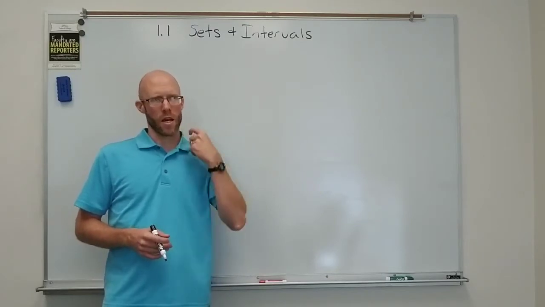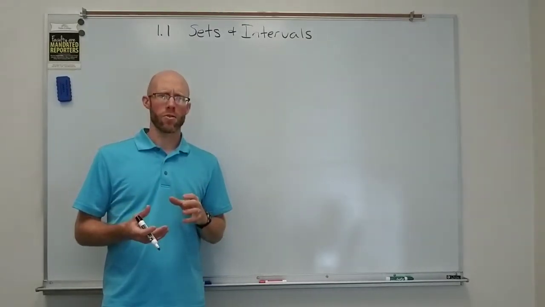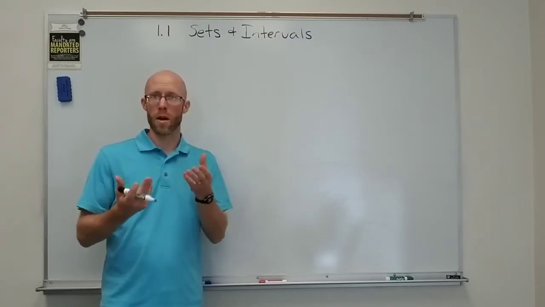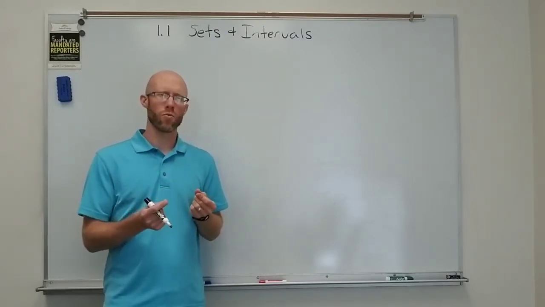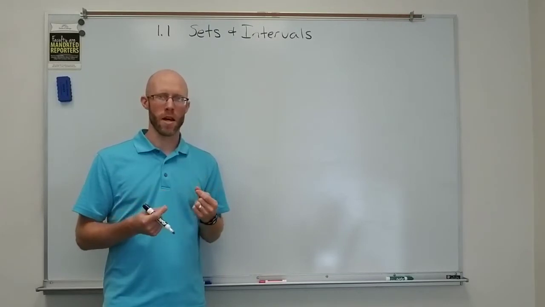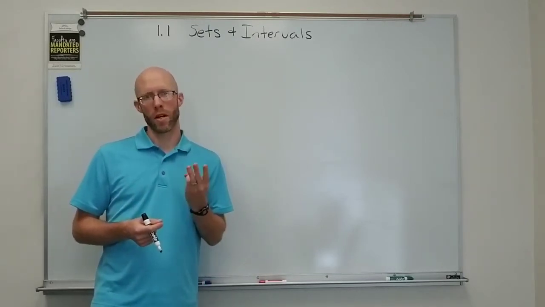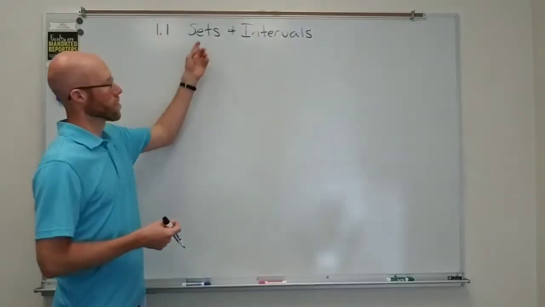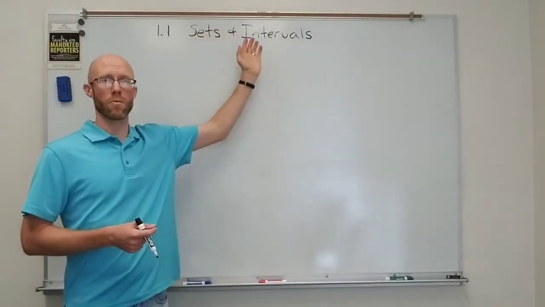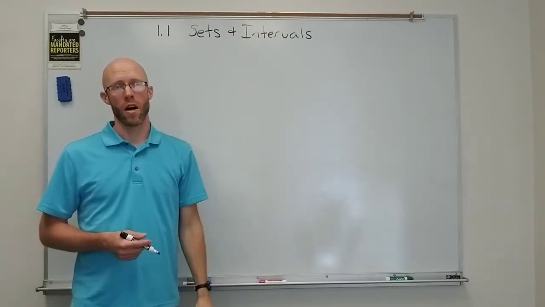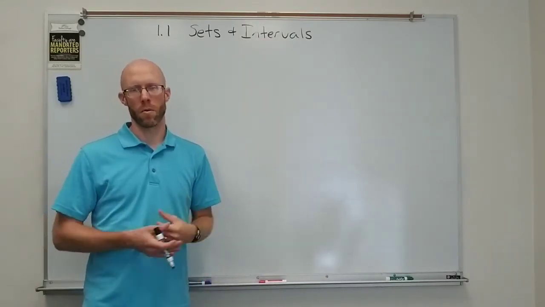And so when we get into these categories, you can write them mathematically. You can describe them with words, but you can also represent them mathematically. And there's two main ways to do that, actually three main ways. One of them is set notation, one of them is interval notation, the other one is a number line or a graph, which I think you're probably all familiar with.